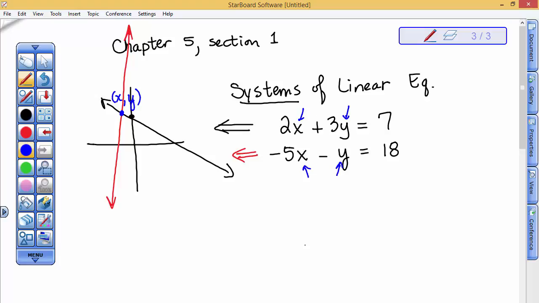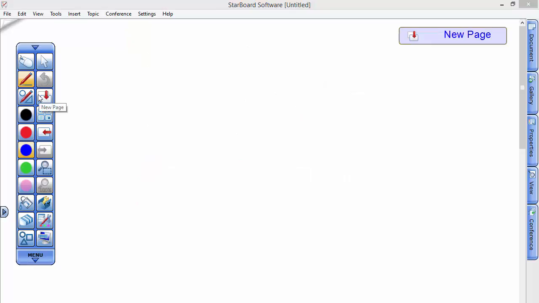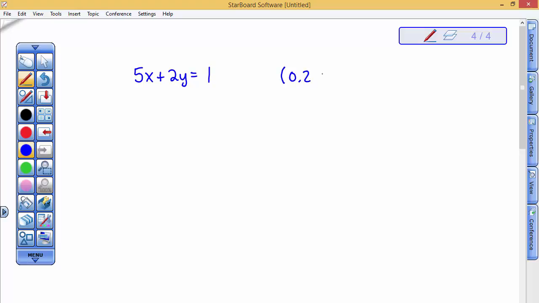There are all kinds of applications of this. The first question that I'd like to do here is to take the statement 5x plus 2y equals 1 and check a couple of ordered pairs and see if they work in that equation. This is not a system, this is just an equation, and I'm just doing some checking. So I'm going to take 5, and for x I'm going to substitute in 0.2, and then 2 times y.